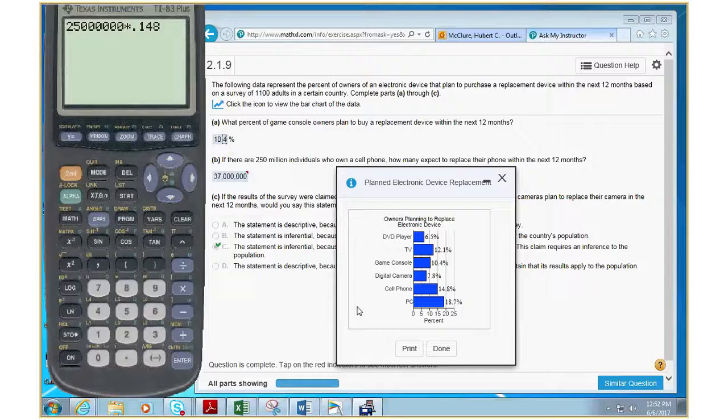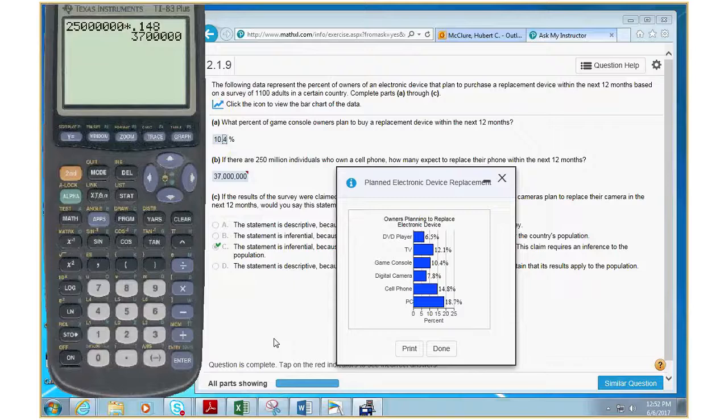And I'll be honest with you, out of all the questions you could get on this problem, that is the number 1. Y'all try to put 14.8 in there, and it gives you all kinds of weird stuff, okay? Hit 0.148 and enter, and there is your answer.